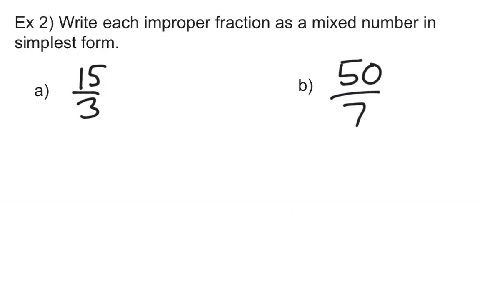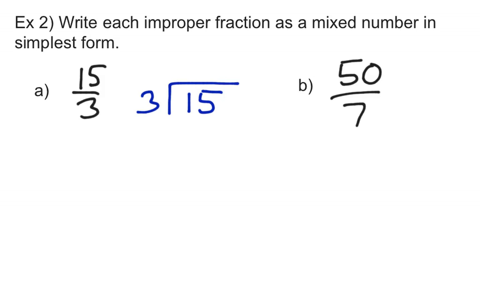I'm going to do one more for you. I'm going to do part A, and then I'm going to let you do part B. So A, same question here. We're going to write these improper fractions as mixed numbers in simplest form. I know the fraction bar means division. Since I would say that is 15 over 3, the first number you say, the 15, always goes inside, the 3 is outside.